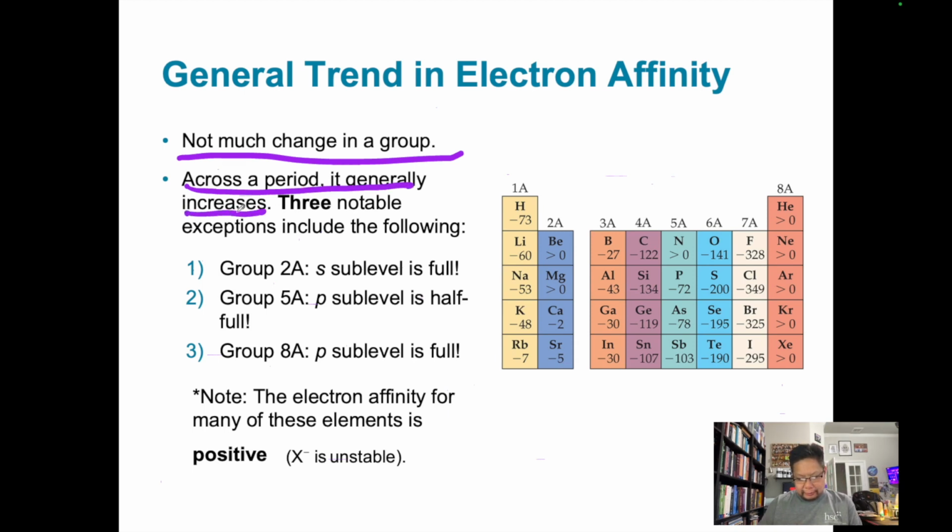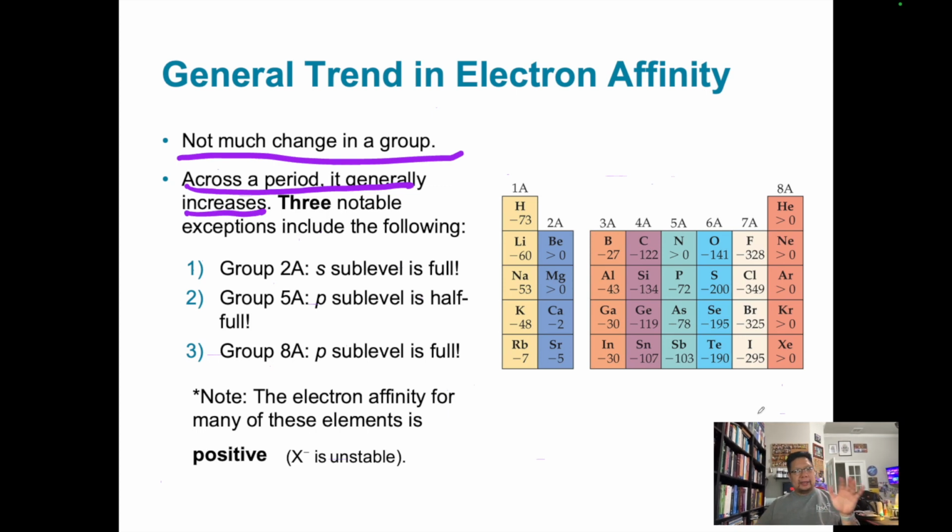That makes sense: the more negative it is, the more the atom wants electrons. As you see here, the halogens like fluorine, chlorine, and bromine have very high electron affinities. They really want that electron. There are definitely exceptions, though.